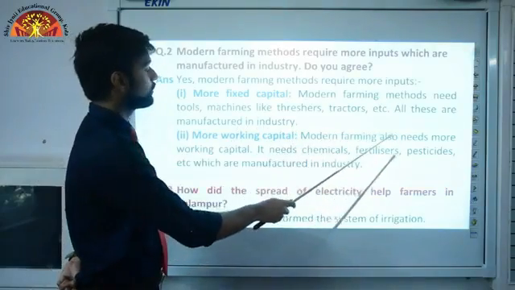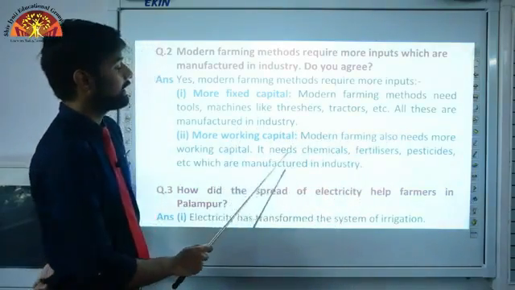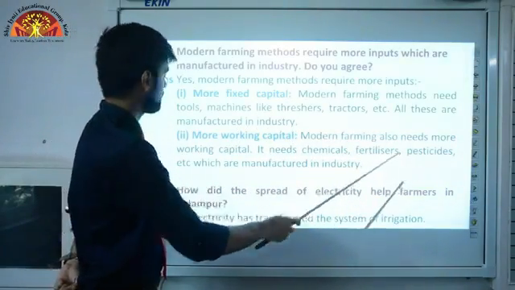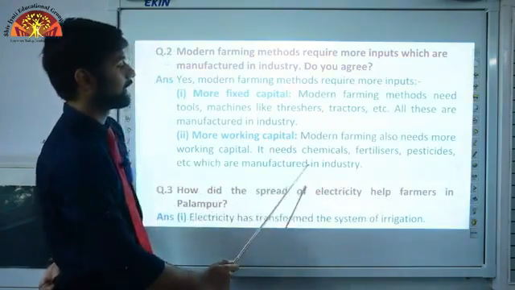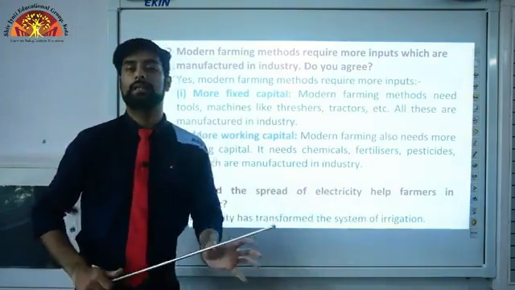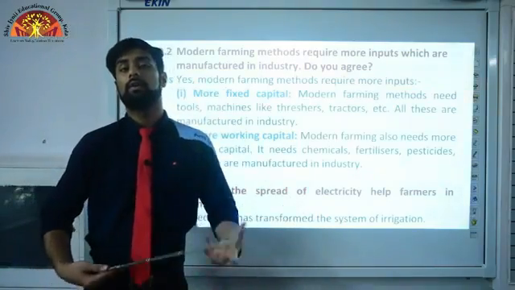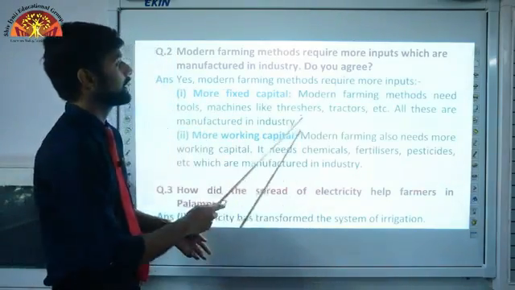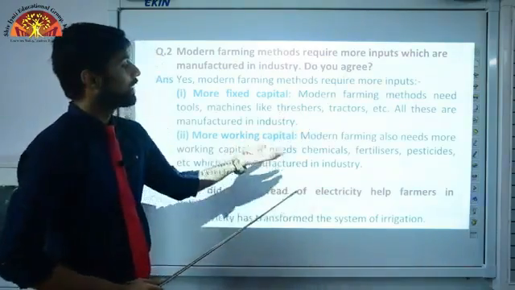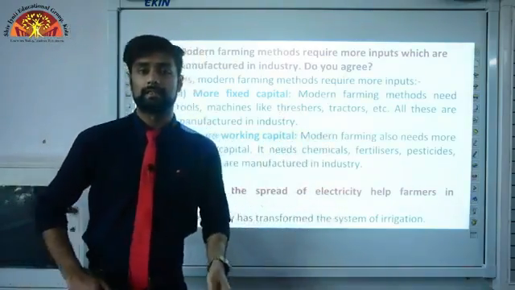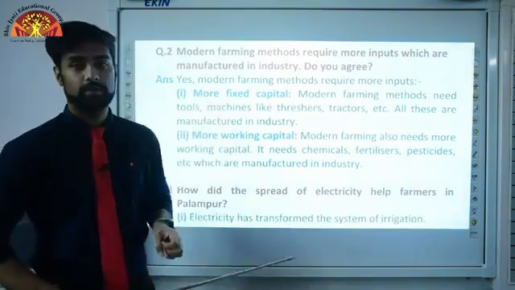Modern farming also needs more working capital. It needs chemicals, fertilizers, pesticides, etc., which are manufactured again in industry. So we see that our modern farming method, the new way we farm, requires more inputs, such as threshers and tractors, and also chemicals, fertilizers, and pesticides. Okay, students, I hope you understood this question.